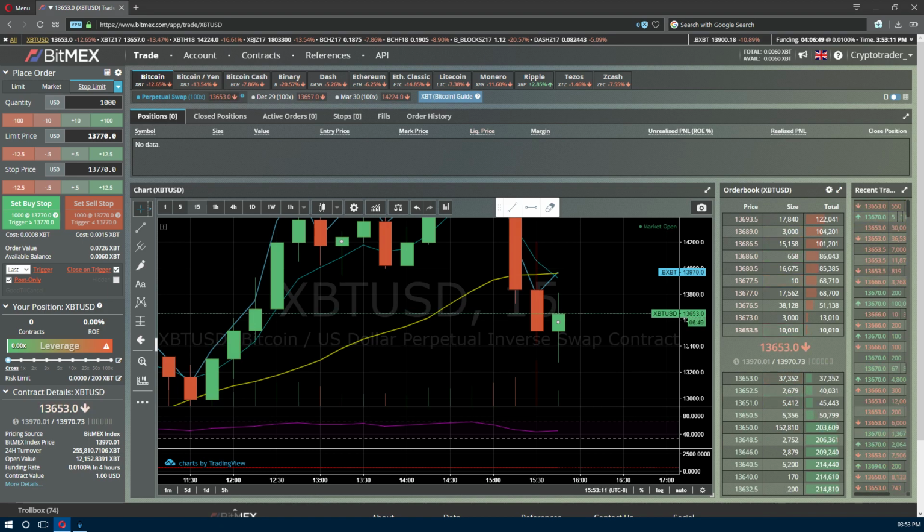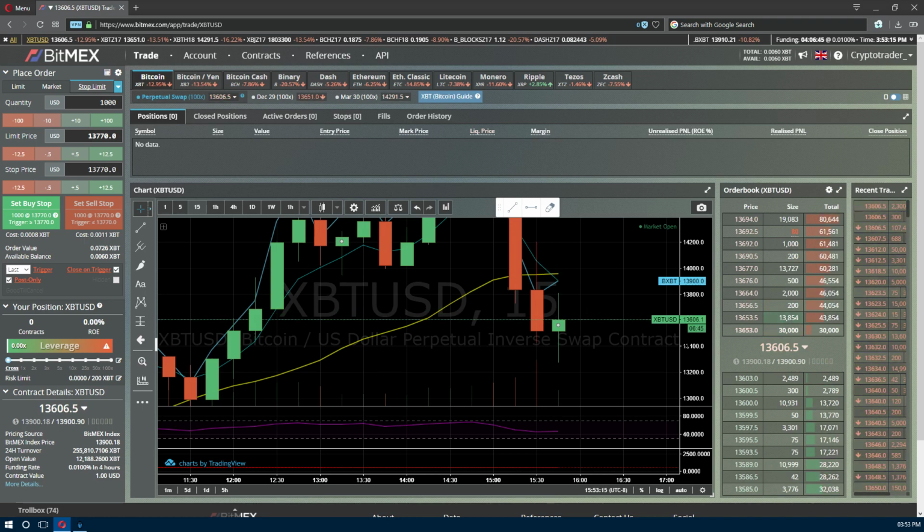Let's go back to repeat. Let's take a look at this. Let's take a good look. It does look like the bulls and the bears are battling. The bears are taking back control. Interesting enough, right?